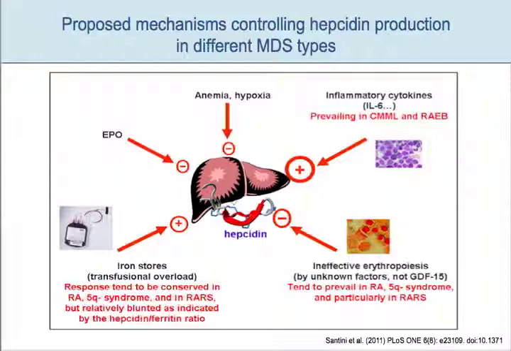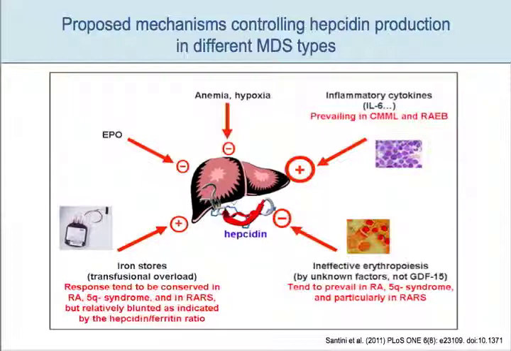And increased iron stores stimulate hepcidin production in order to decrease duodenal iron absorption. And this physiological response tends to be conserved in patients with RA, 5q- syndrome, and RARS. But this response appears to be relatively blunted, as indicated by a relatively low hepcidin-ferritin ratio.